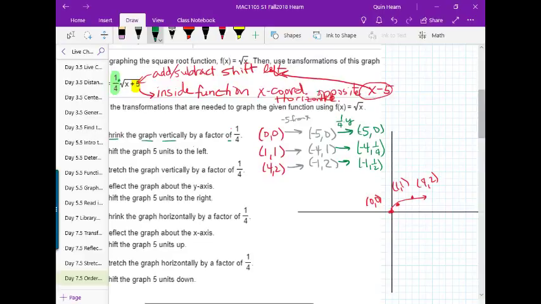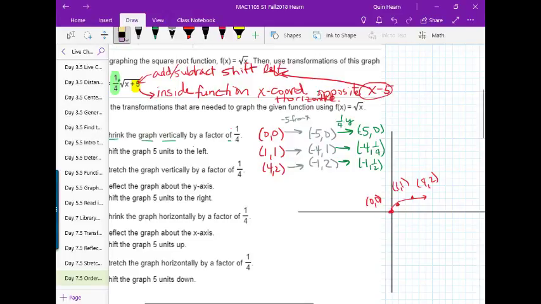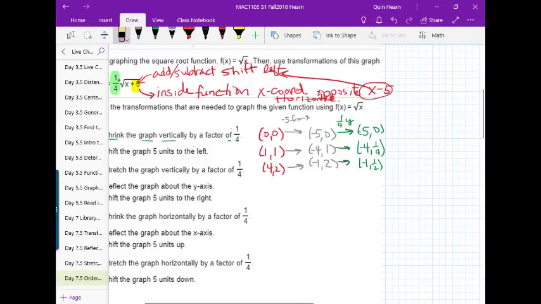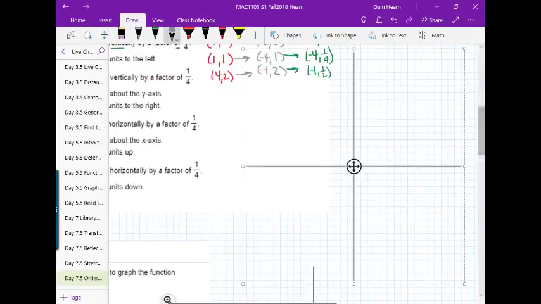Okay. Oh, this is going to look really tiny. I'm going to change my original parent graph. I'm going to make it a little bigger so we can all see it a little bit better. Come on, there we go. Okay.